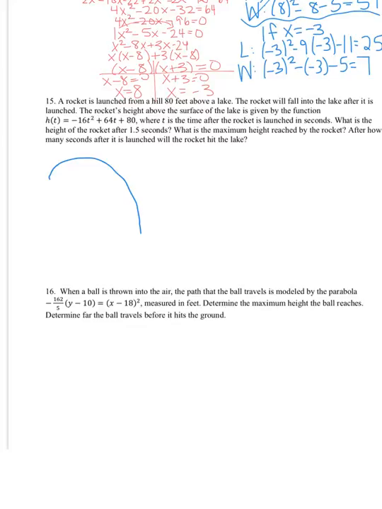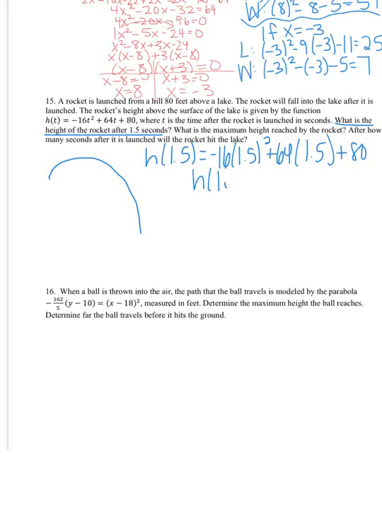So we want to know what is the height of the rocket after 1.5 seconds. I need to do h of 1.5. If I plug in 1.5 for t, I would do negative 16 times 1.5 squared plus 64 times 1.5 plus 80. I type that whole thing in the calculator, and it tells me that after 1.5 seconds, the rocket is 140 feet in the air.